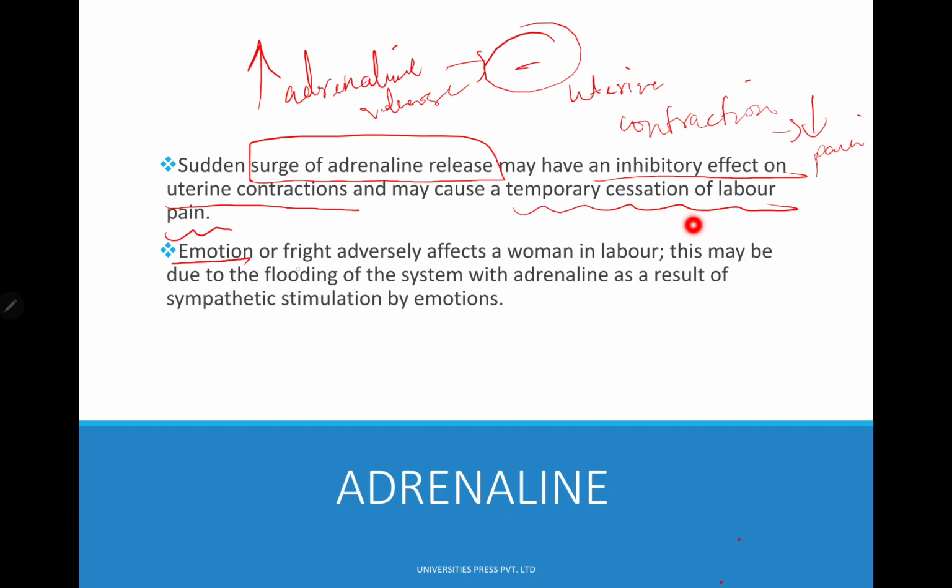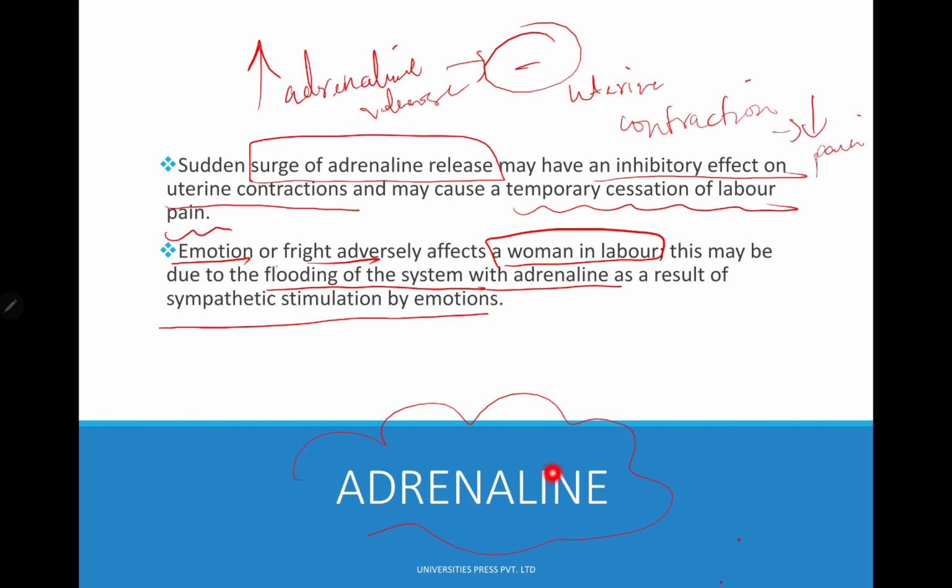So emotion of fright adversely affects a woman in labor, and this may be due to flooding of the system with adrenaline as a result of sympathetic stimulation by emotions. So that's why adrenaline has a very important role in labor.